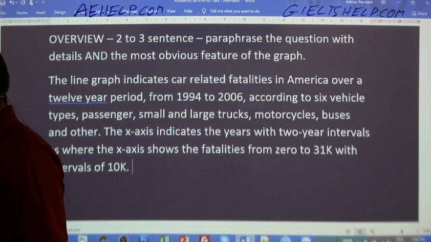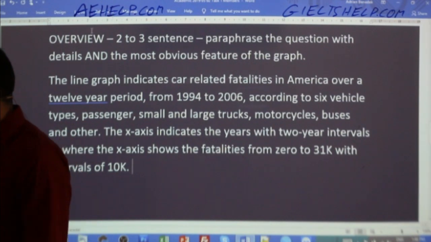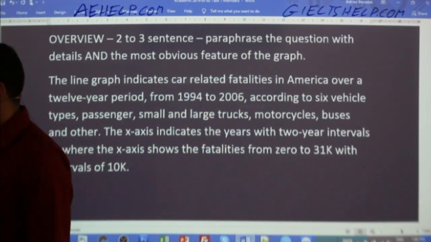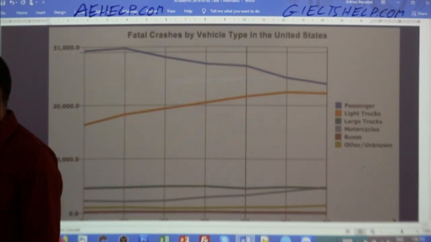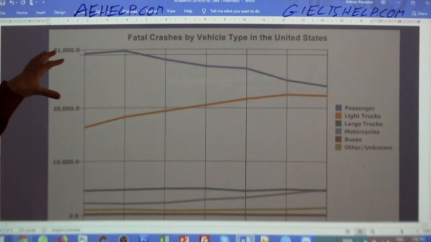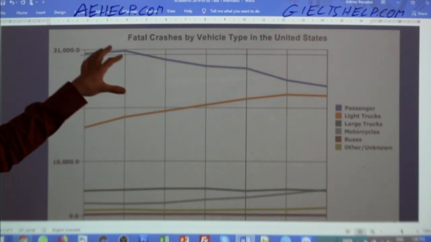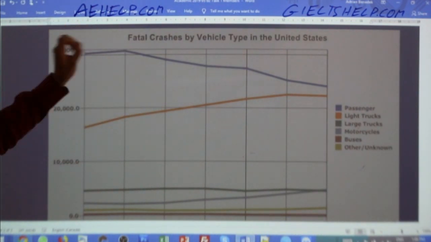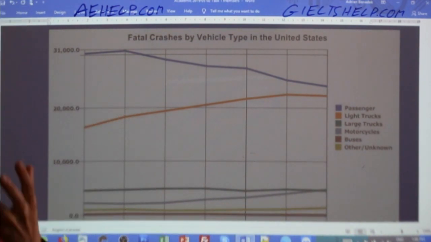All right, so let's throw in the most obvious feature, okay? And that's quite clear here. I think all of you should be able to get the same idea. So what is the most obvious piece of information that we can catch right away by looking at these lines? So what do we see immediately?